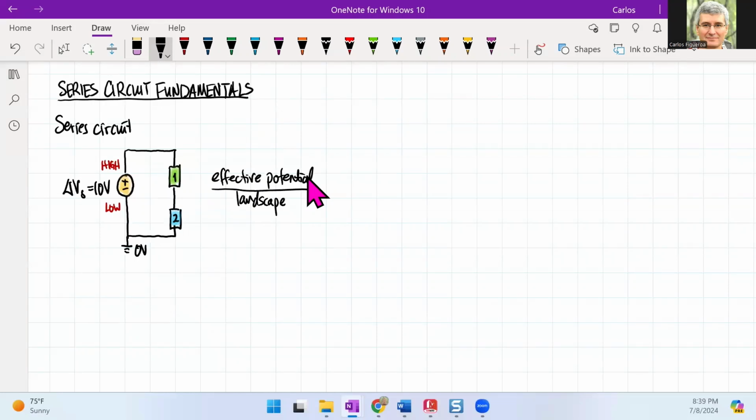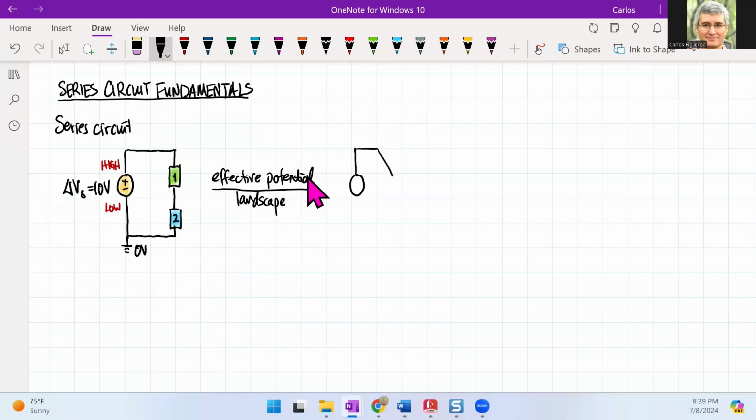And what we said, we imagined that this guy is going to provide a landscape for this to happen. So then I have my voltage source right here, and what it does is it comes up and then it creates an incline.